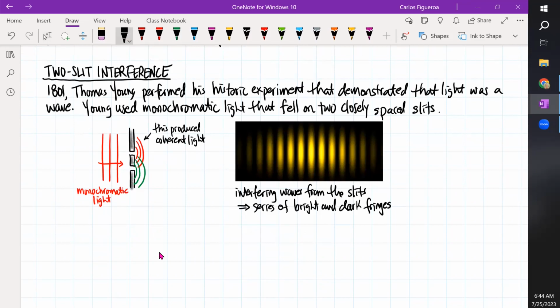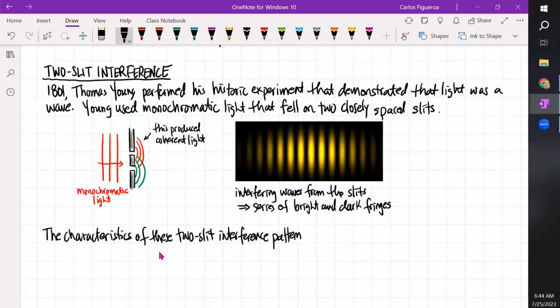So the characteristics of these two-slit interference patterns are: one, we're going to need the M value of a fringe.